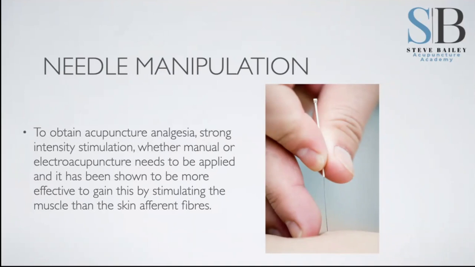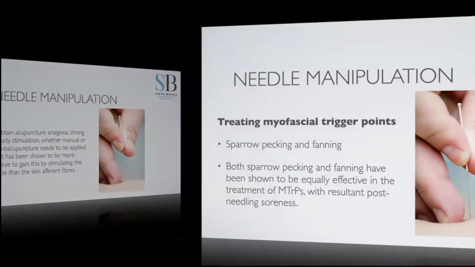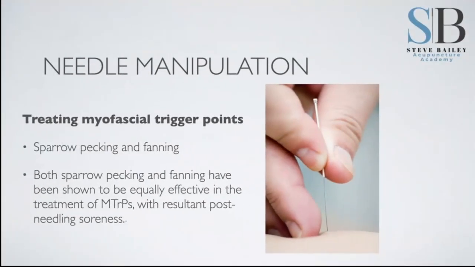Again, you're going to get a stronger deqi sensation. Whereas if you're needling into the skin, you're not going to get that dull ache because, as I was saying beforehand, it's more parasympathetic.